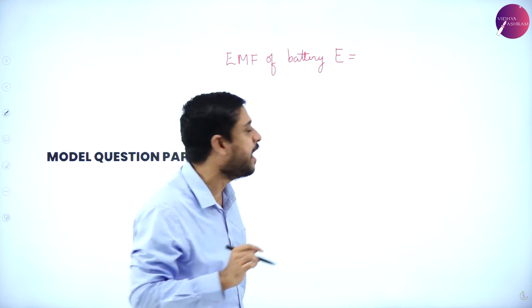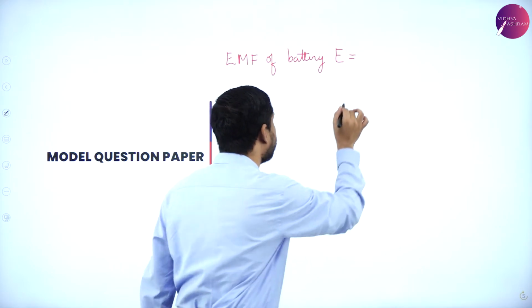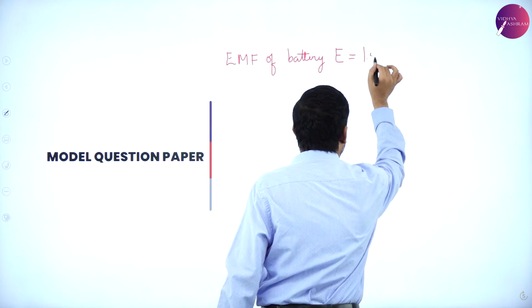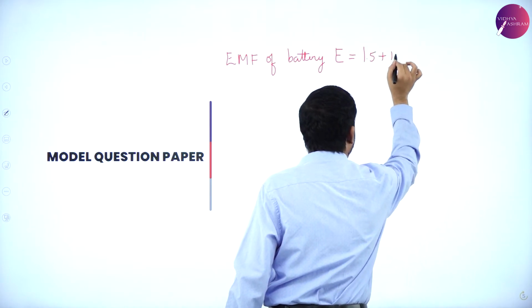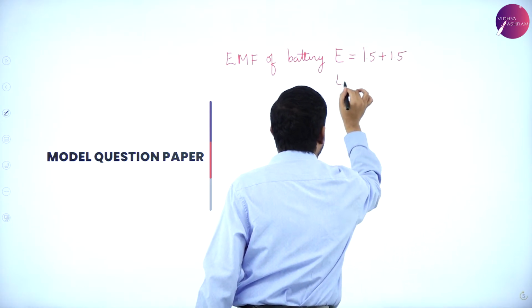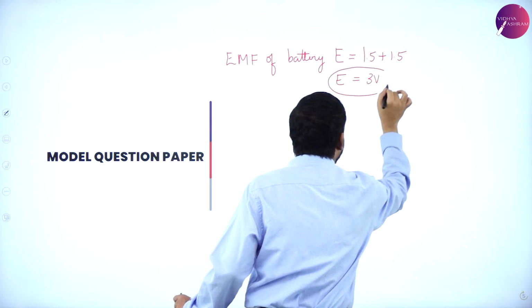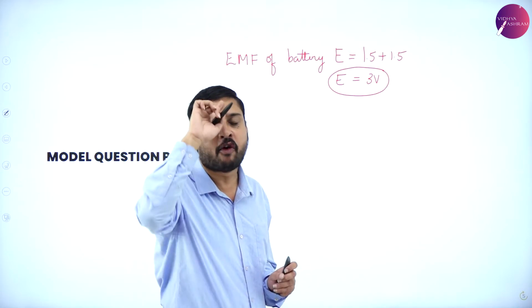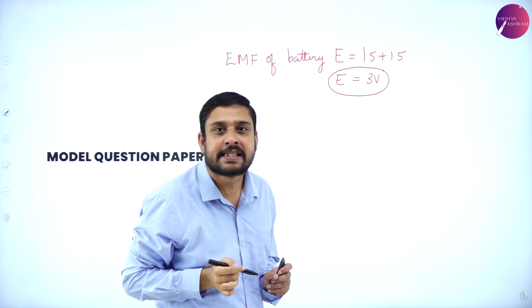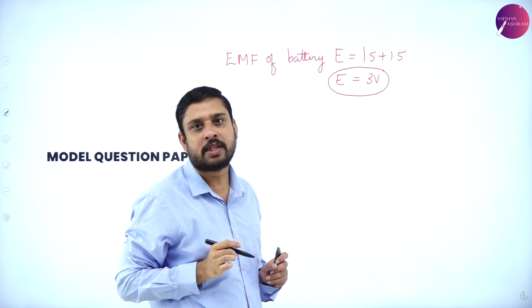There are two cells, so the total EMF becomes 1.5 plus 1.5, which is 3 volts. So the EMF of the battery turns out to be 3 volts.